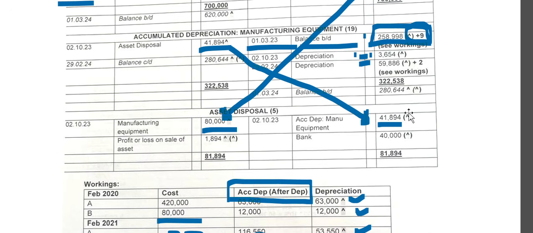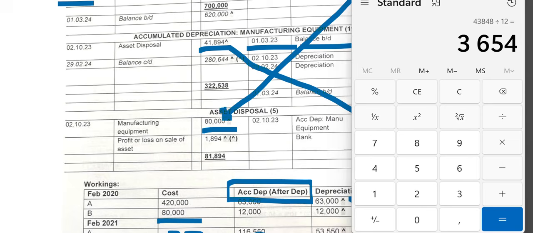41,894. Now if you said 80,000 minus 41,894, let me do it quickly while we add it.